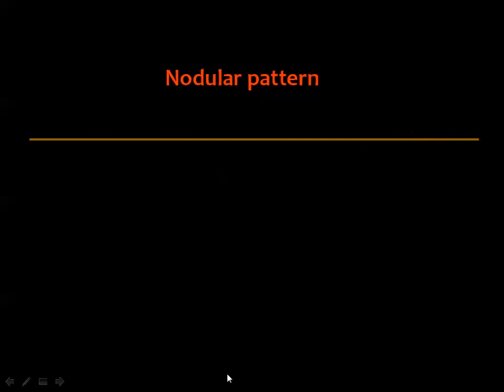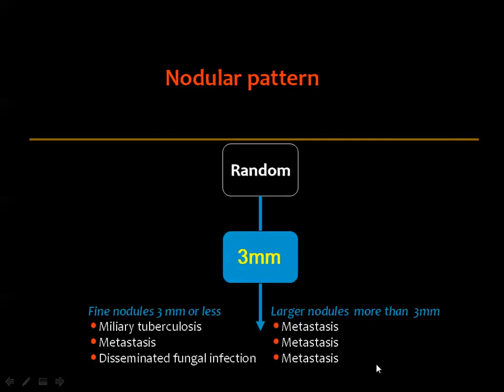Then we come to the nodular pattern, which means that there are many nodules scattered throughout the lung. We have three patterns of distribution. For the random distribution, consider the size of the nodules. If less than 3 millimeters, consider first miliary TB, metastasis, and then fungal infection.